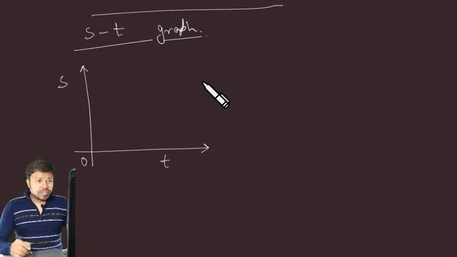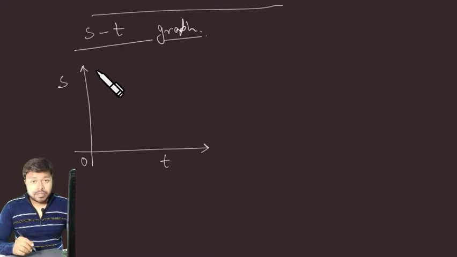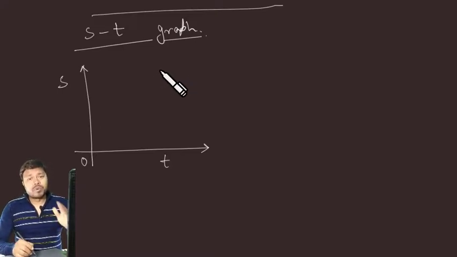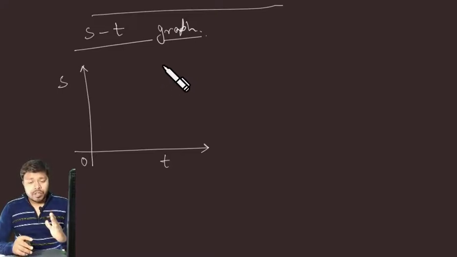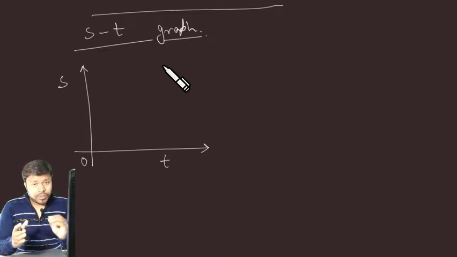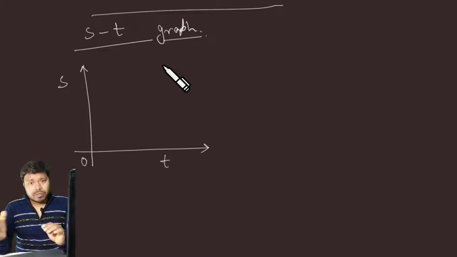Now, first thing, the body is at rest. What does it mean? It means that as time goes on, the body is not changing its position. It's always at the same position for whatever interval of time.